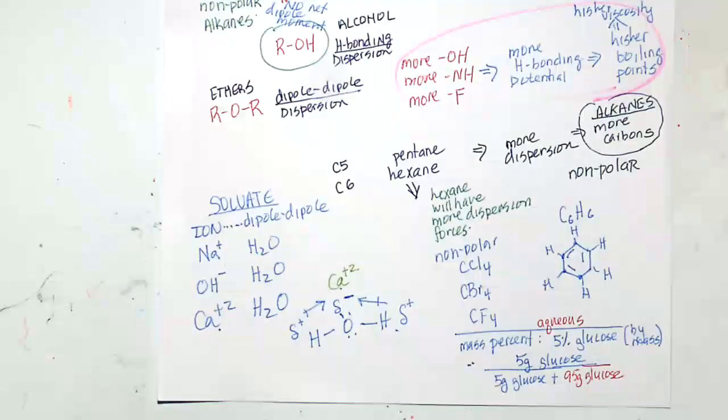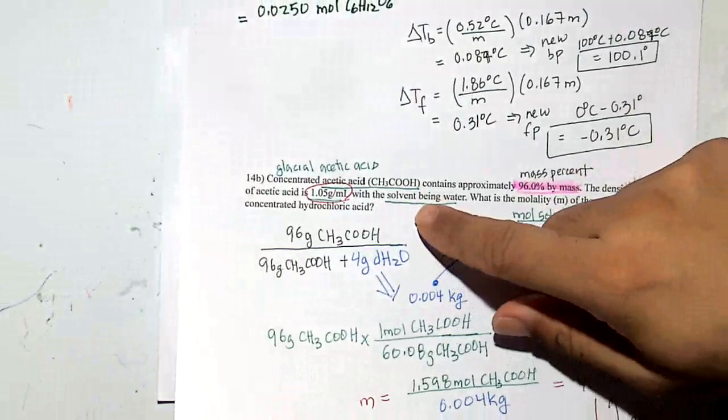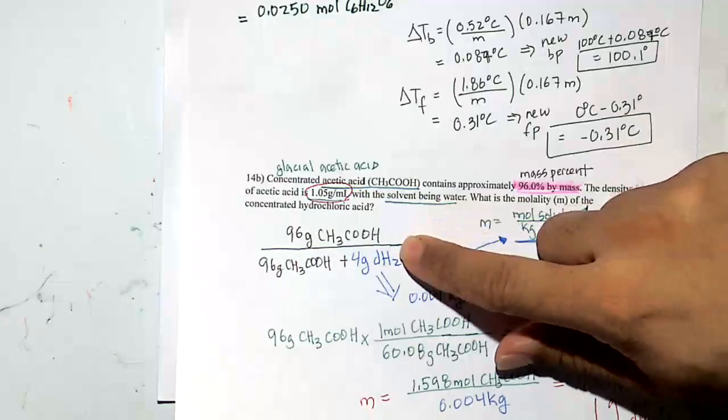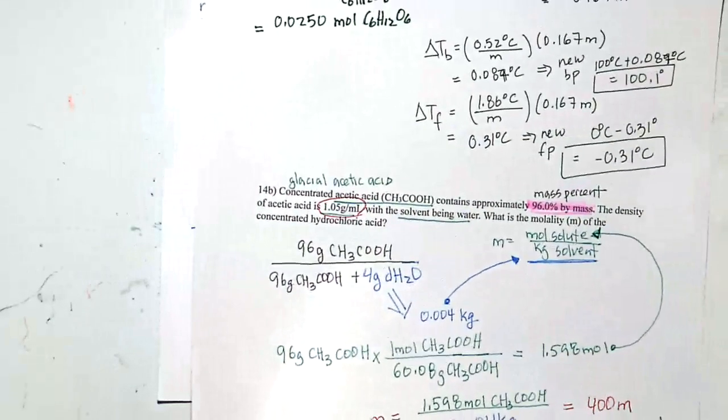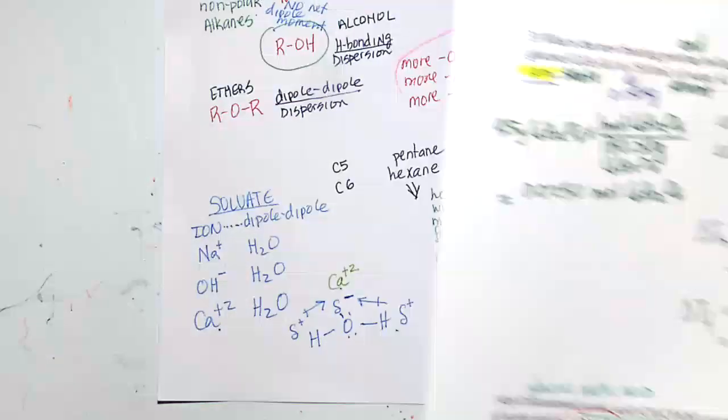It's the same thing we did at the very beginning of the class with the acetic acid problem. Mass percent just means the mass of the solute divided by the whole thing. The whole thing is solute and solvent. That's mass percent.